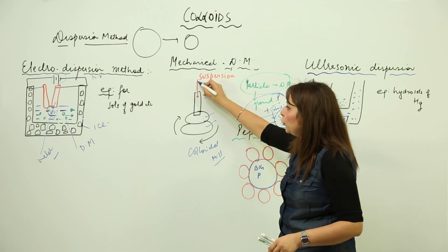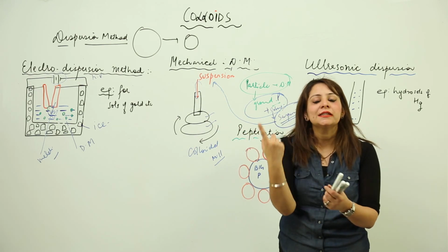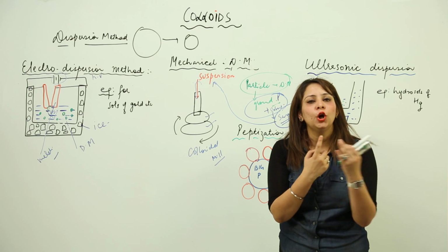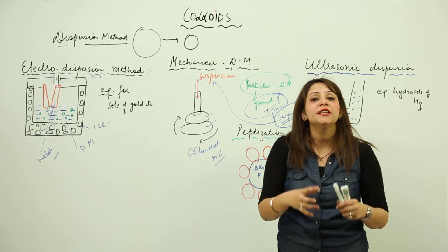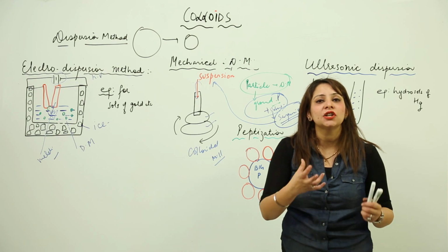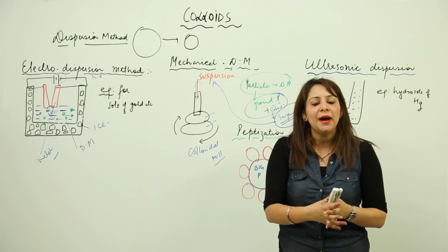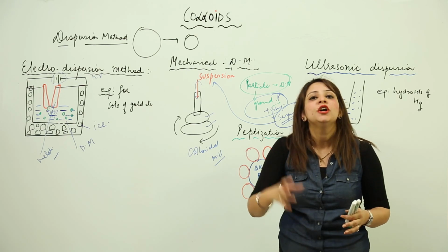We pour the suspension from here and switch it on, and one disc rotates clockwise, the other anti-clockwise, and in doing so they further grind the particles. The particles get broken up into smaller particles that fall in the range of colloidal particles.